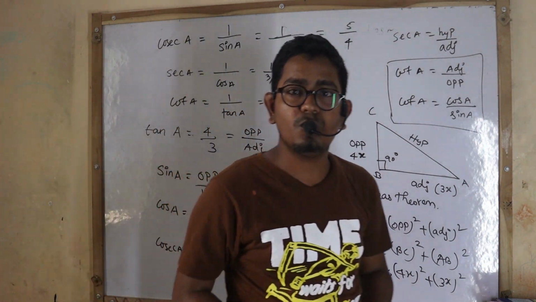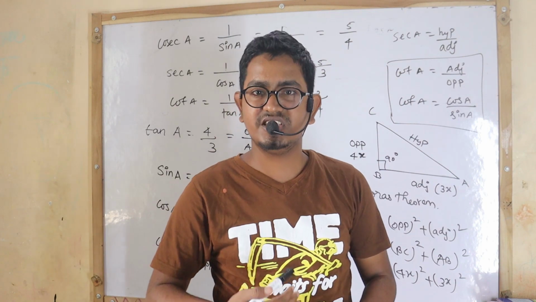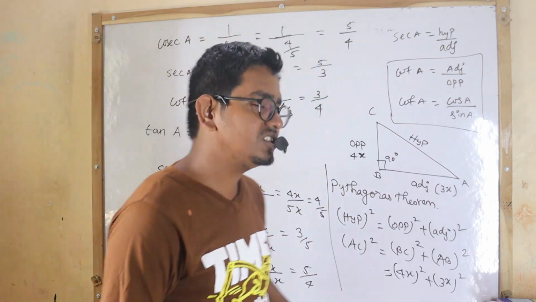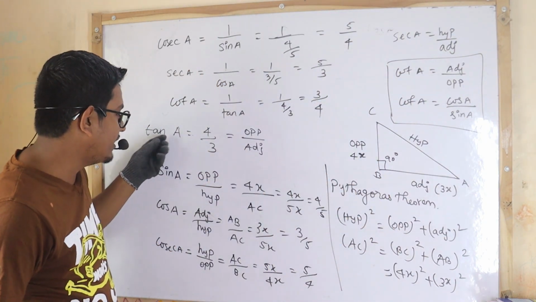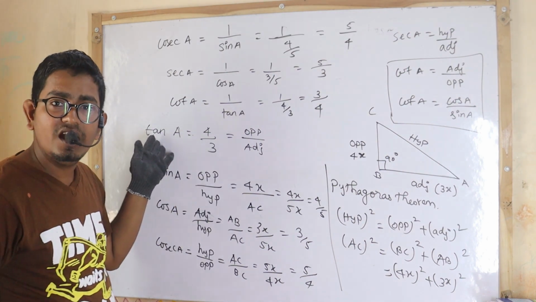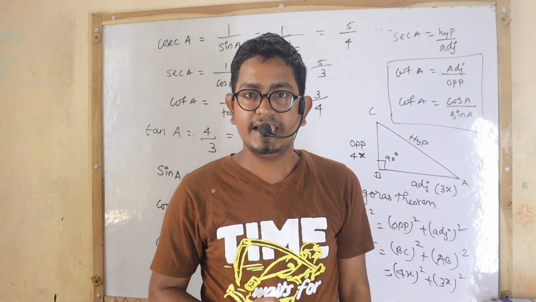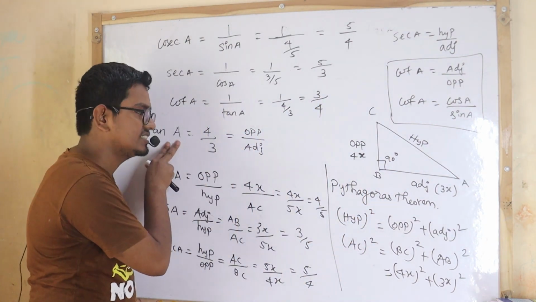In the question they asked to find the trigonometric ratios of the angle A. We have 6 trigonometric ratios, and I just explained how to find them if tan A, or any one of the trigonometric ratios, has been given to us. Here one of the trigonometric ratios, that is tan A, is given.